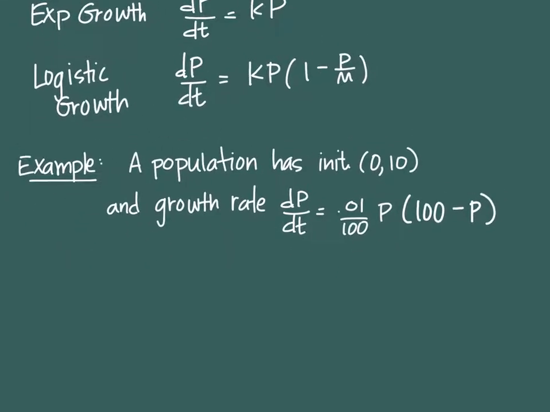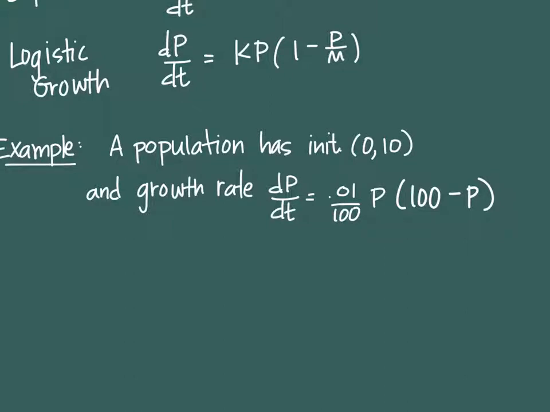Now, the way that growth rate was given to you, does it exactly match the format of the definition of the logistic growth? What's wrong? It should be 1 minus, not 100 minus. So how can I readjust that so that it's in the right format? I'm not going to divide by 100, I'm going to factor out 100. So that gives me dP/dt equals 0.01 over 100 P, and then I factor out 100.